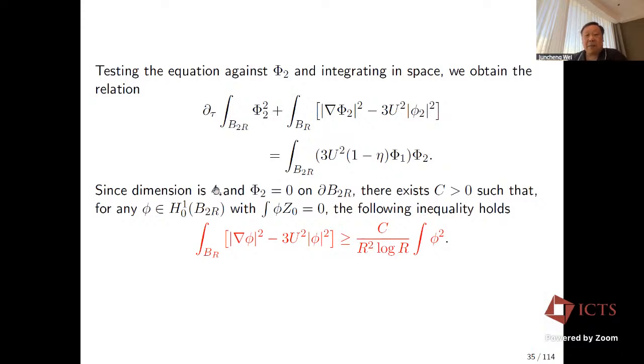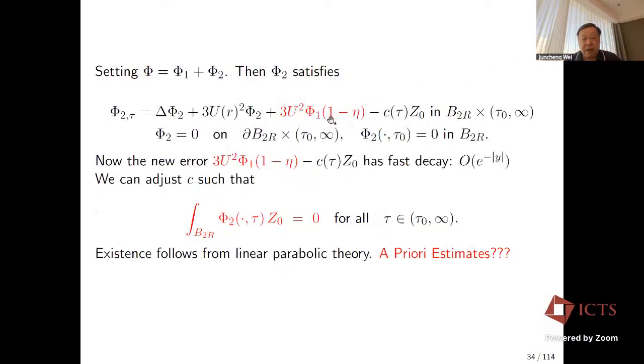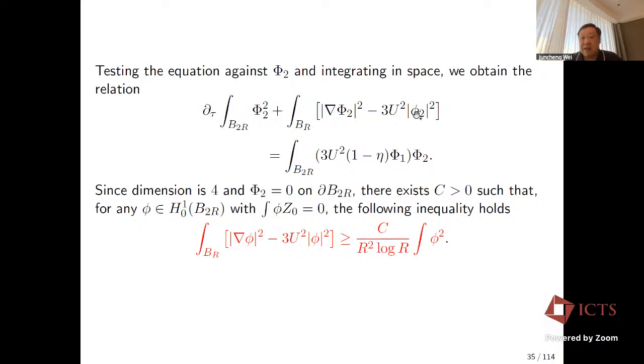Now this term here should be non-negative, because phi 2 is orthogonal to the unstable eigenfunction.